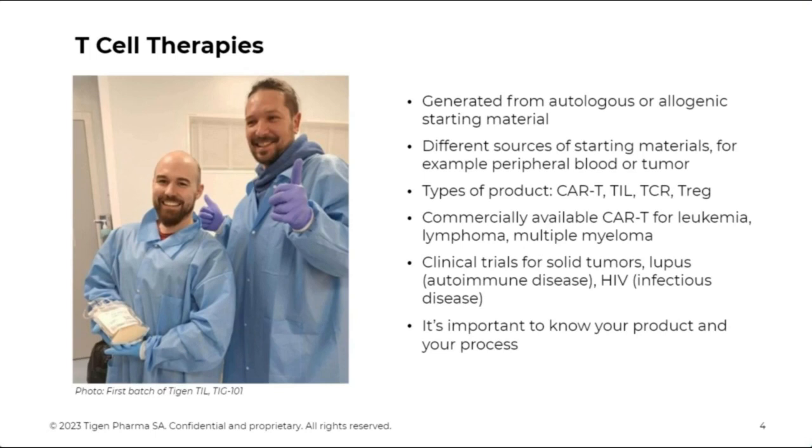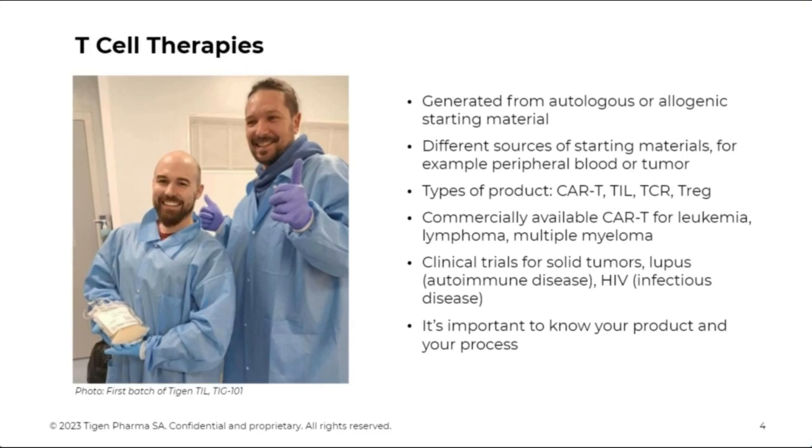There are several clinical trials for these T-cell therapies in solid tumors, and recently also in autoimmune disease. For example, there was a very successful early phase CAR-T in lupus. There are also trials in infectious diseases, for example, HIV.